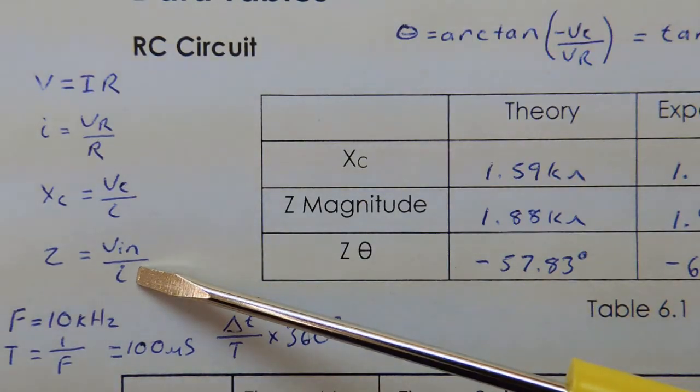And in a series circuit, total current is I, and it's the same going through the resistor and the capacitor.